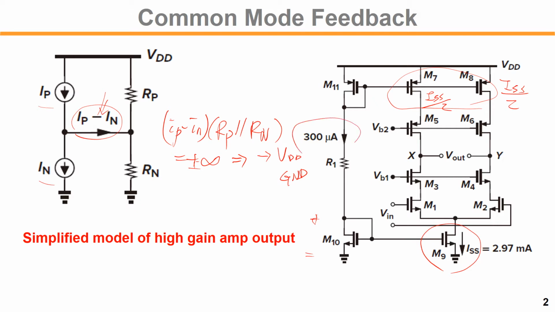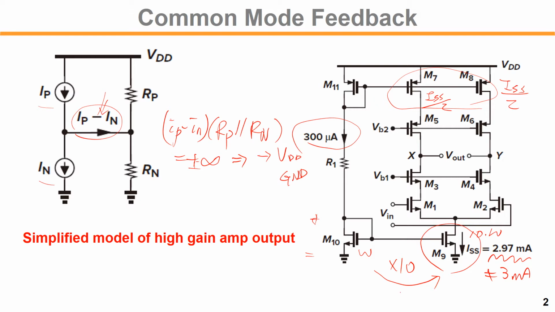Even though we flow like a 300 microamp here, from here to there, let's say 10x larger device size, right? W and 10 times the W, but the resultant output current level is not equal to 3 milliamp, right? So this is the problem.